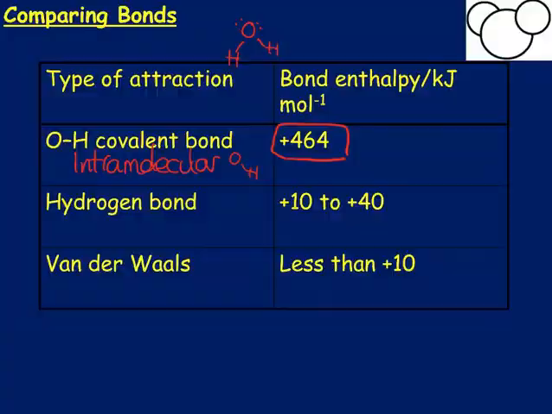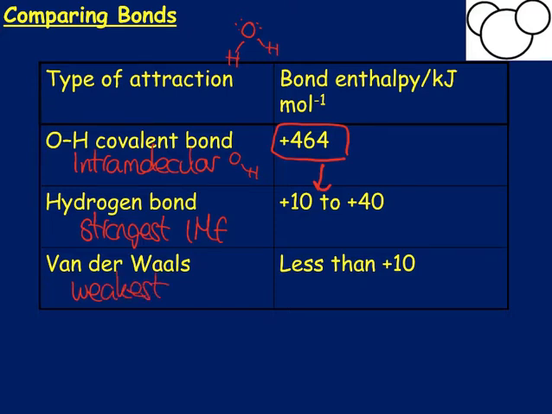To overcome the hydrogen bond, which we've said is the strongest of the 3 intermolecular forces we looked at, you have to input between 10 and 40 kilojoules per mole, so it's roughly 10-fold less, whereas van der Waals, which is the weakest of the 3 IMFs, you would only have to put in 10 kilojoules per mole to disrupt it.